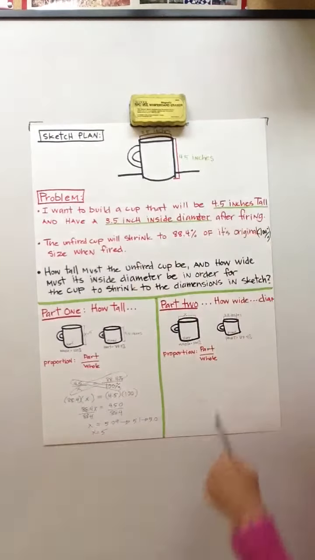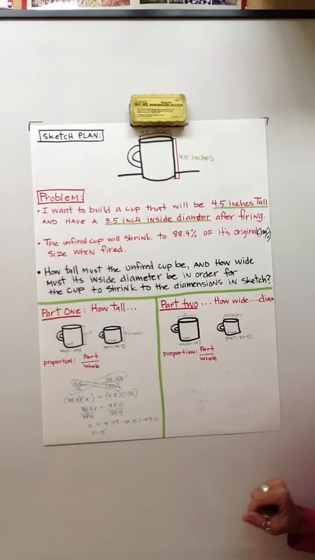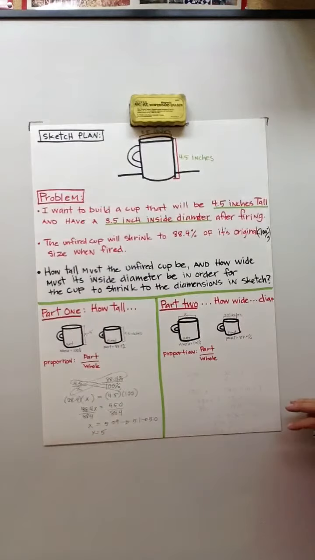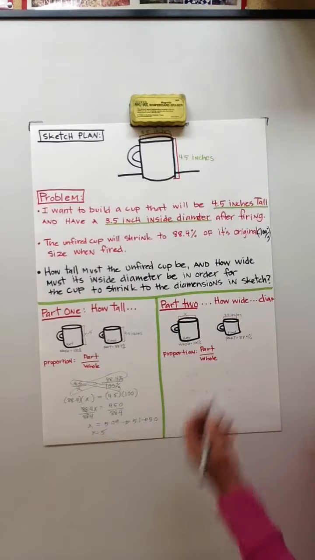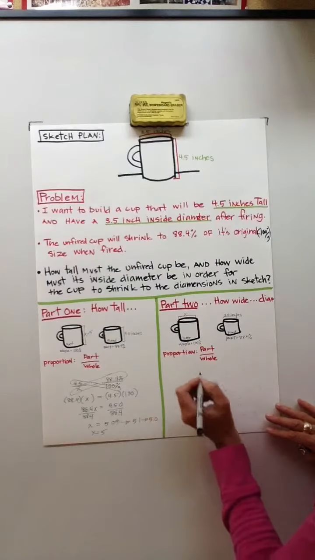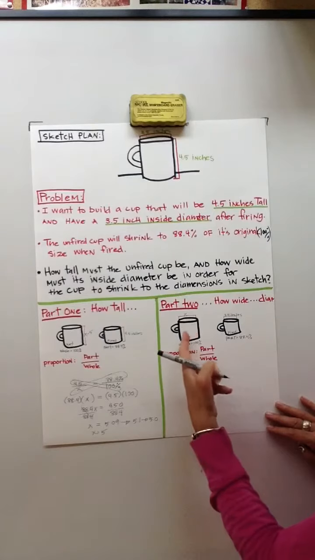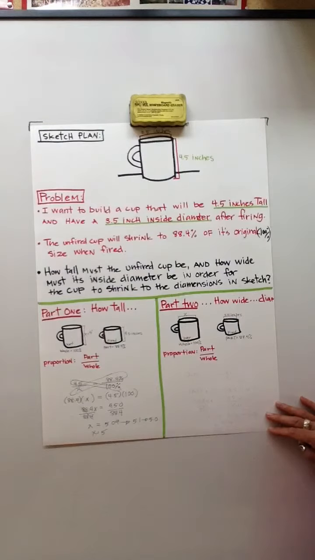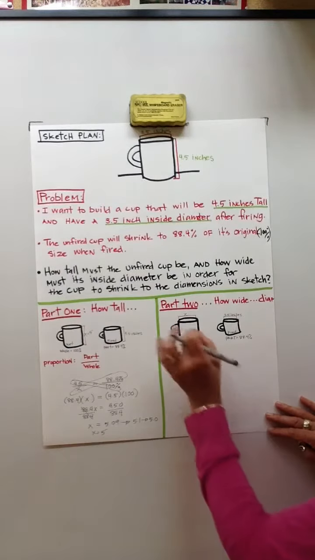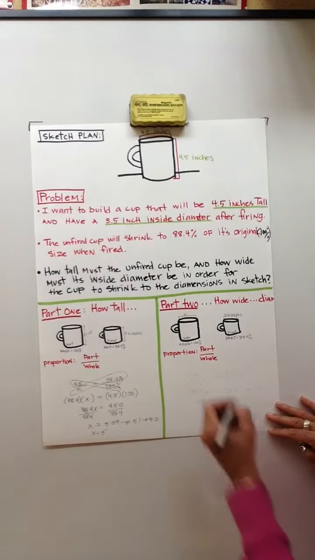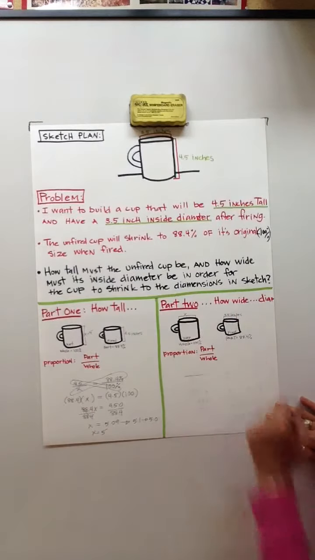Part 2. How wide does the inside diameter of your wet cup have to be? Once again, we know that the wet cup is considered 100%, okay? We don't know what x is, all right? That's what we're trying to find out.